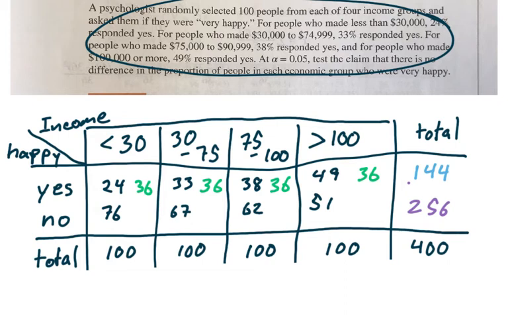Okay, and so that result, 256 times 100 divided by the grand total, 400, that gives us, we can easily see that is 74. Oh, no, sorry, I did that multiplication wrong. That should be 64.